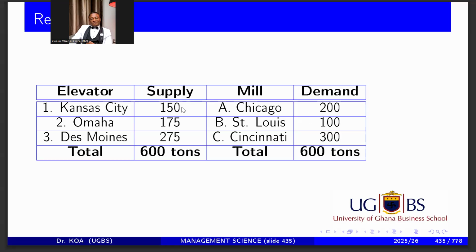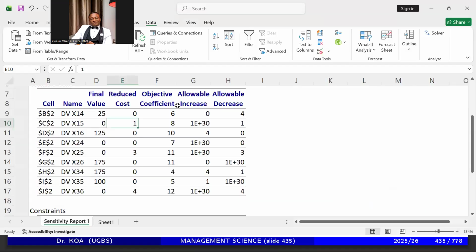Kansas City didn't even send all of what it wanted. Kansas City only sent 25. You are trying to minimize cost because every item that goes has its corresponding cost. So Kansas City sent only 25 to that. That is what the optimal solution is saying.